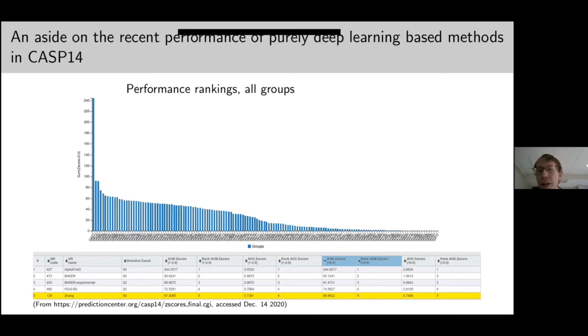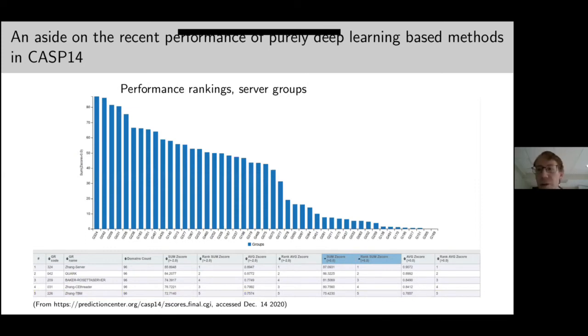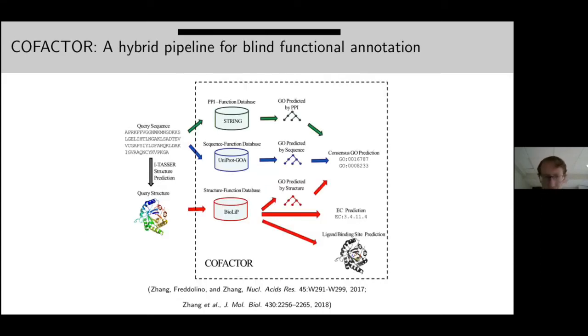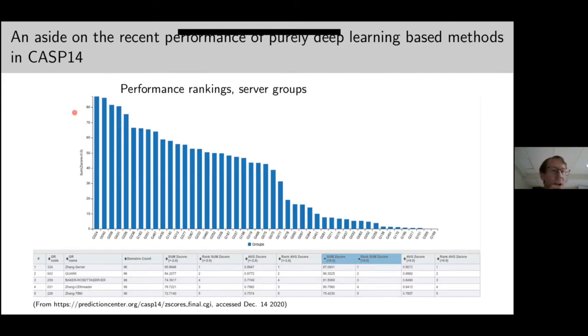I think one important aspect that I would like to point out that has been less well covered is if you look only at the server groups, so these are only groups that have fully automated methods that they're willing to release, 4 of the top 5 performing server prediction sets came from the lab of Yang Zhang, my collaborator, from whom we get these methods.